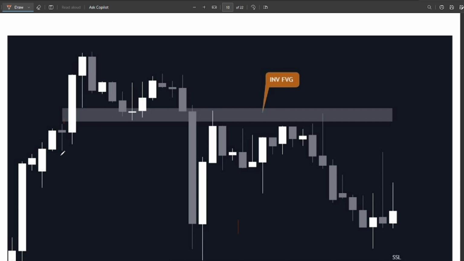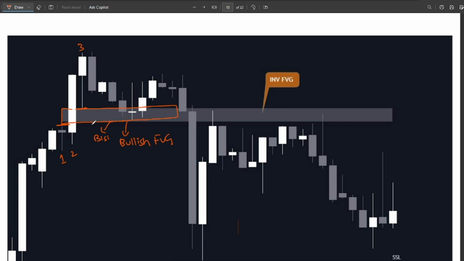Now in this example, consider these three candles, 1, 2 and 3. If you mark the high of the first candle and the low of the third candle, the gap between them or the inefficiency is a BISI or you can say bullish FVG. And what is the function of bullish FVG?